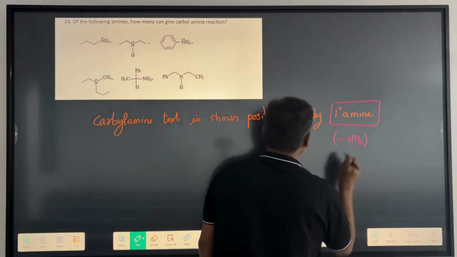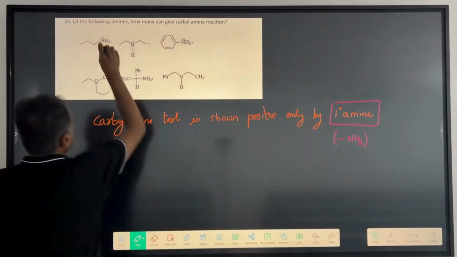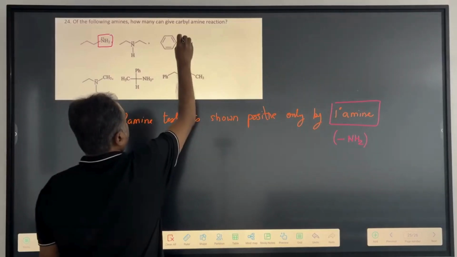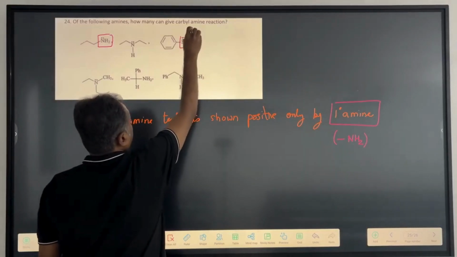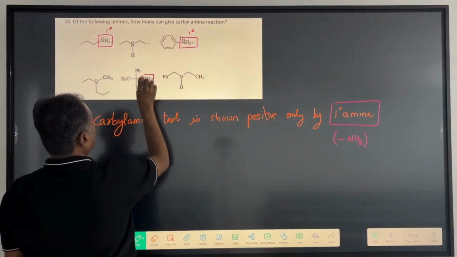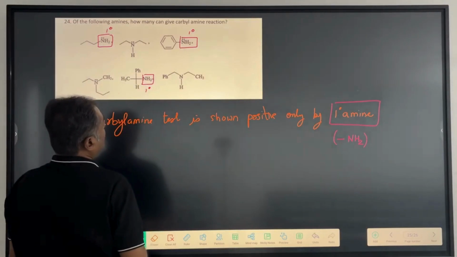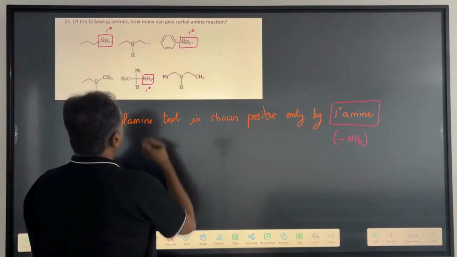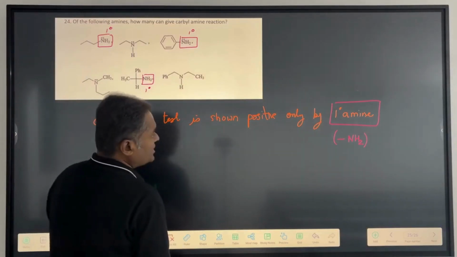Now if you see the above examples, you can see an NH2 group, it's a primary. Here you can see it's an NH2 group, it's a primary. So here I have got only 3 such examples where you will have a carbylamine test positive.